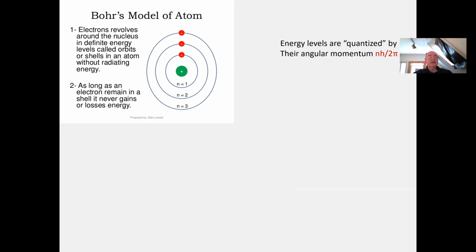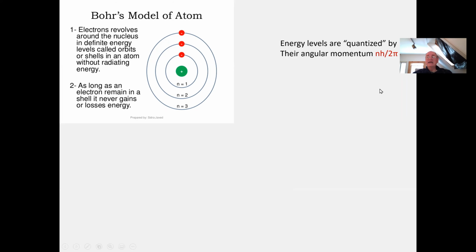And as long as they're in those energy levels, they won't radiate. Why? I don't know. They just don't. Literally, he had no reason why. Obviously, they don't. Clearly, if they did, there would be no atoms, there'd be no us. So there are these energy levels which must be stable. And as long as the electrons remain in the shell, they're never going to gain or lose any energy.